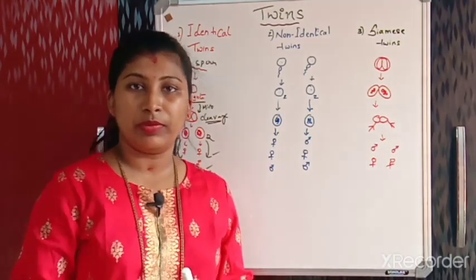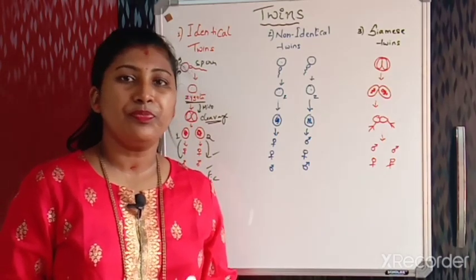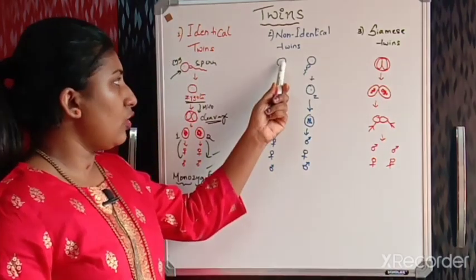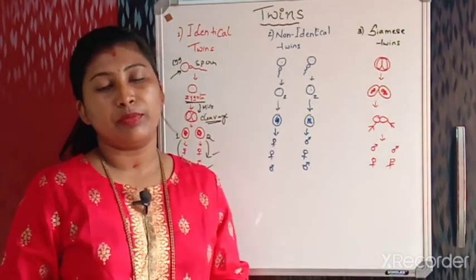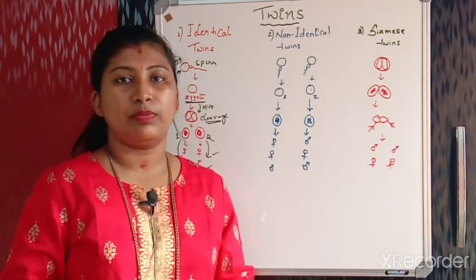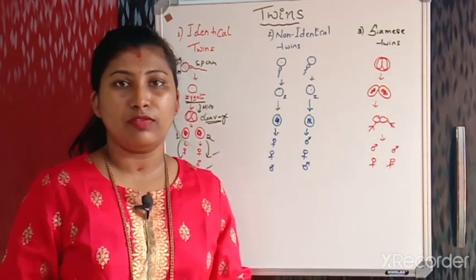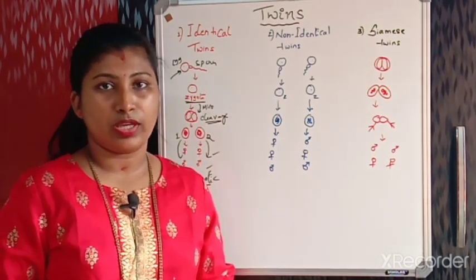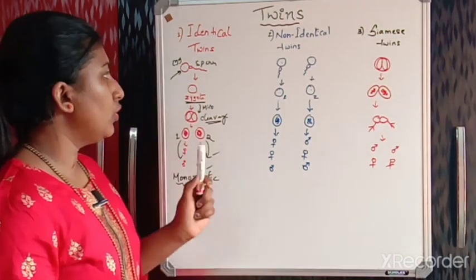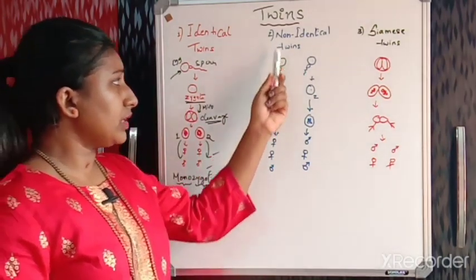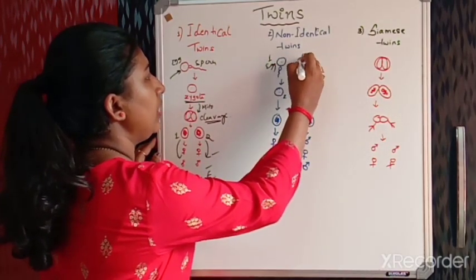Usually one egg is released from the ovary, but sometimes, instead of one, two eggs are released. A cause for this may be taking oral pills. Oral pills are taken by females for conception, or they can be used as birth control. Due to that, instead of one egg, two eggs will be released.